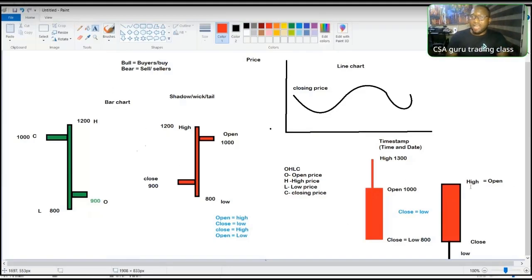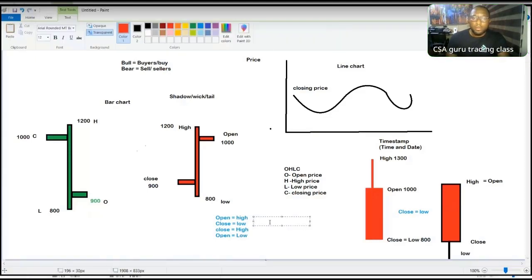When the highest price of that day is the opening price and the closing price of the day is lower than the highest price of the day, you're going to have a red candle. So right now we have open equals to high. So this is a bearish day.